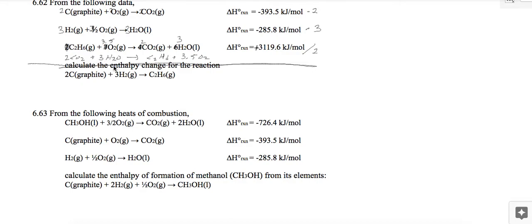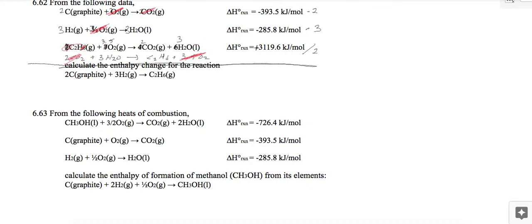Let's see, where am I canceling first? The carbon dioxide cancels here and here. The oxygen cancels. We have 2 here, and we have 3 halves there, which is 1.5, and that's 3.5 there. So 2 plus 1.5 is 3.5, and we end up canceling that out there.